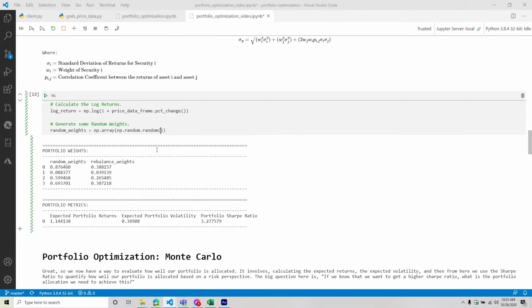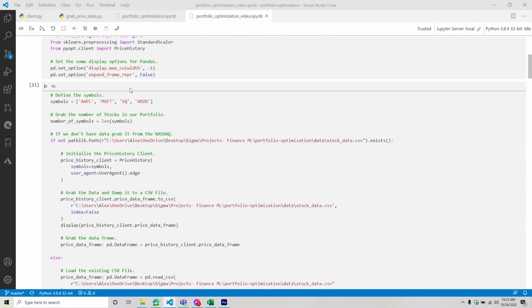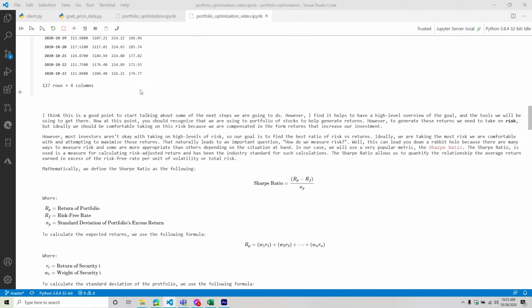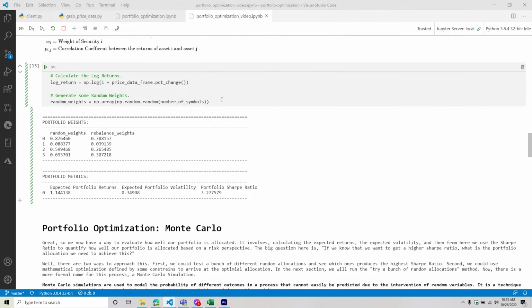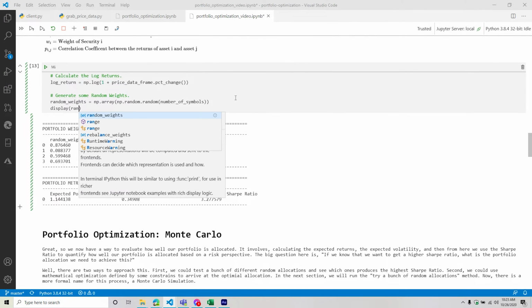And then we need 4 random weights. We need 1 weight for each symbol in our portfolio, or 1 for each asset in our particular portfolio. So again, I can take this information that I calculated up above. So that's pretty good so far. And then I'm going to display the random weights.